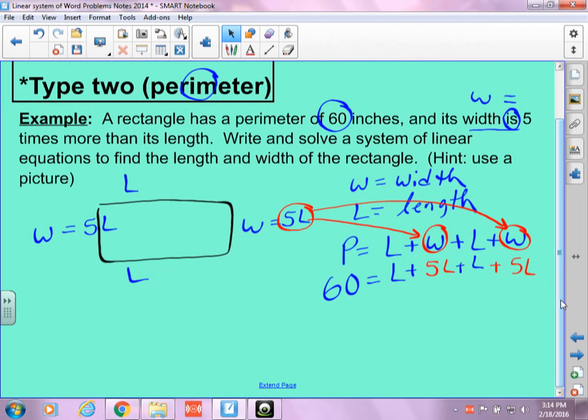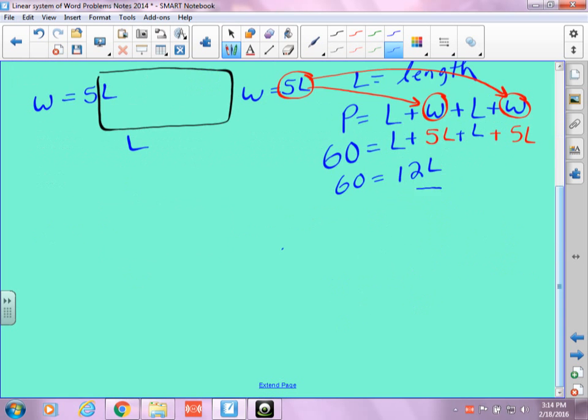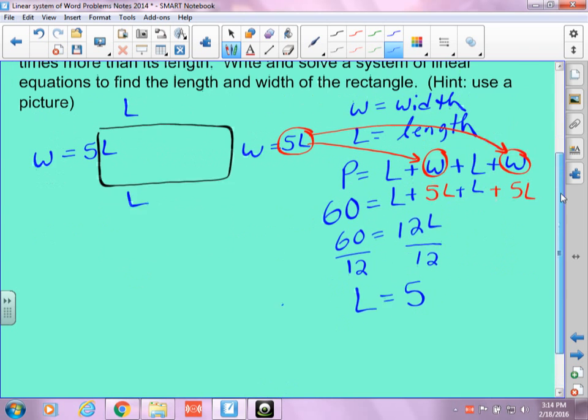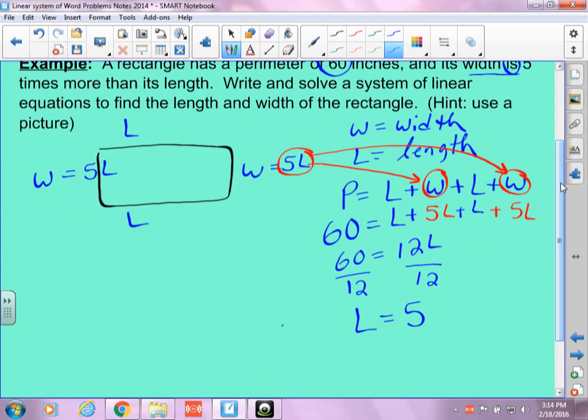Then I combine my like terms. So I've got 60 equals 12L. I'm going to divide by 12, and my length is 5. And 5 what? Well, it said that it was in inches, so 5 inches. So I now found my length.